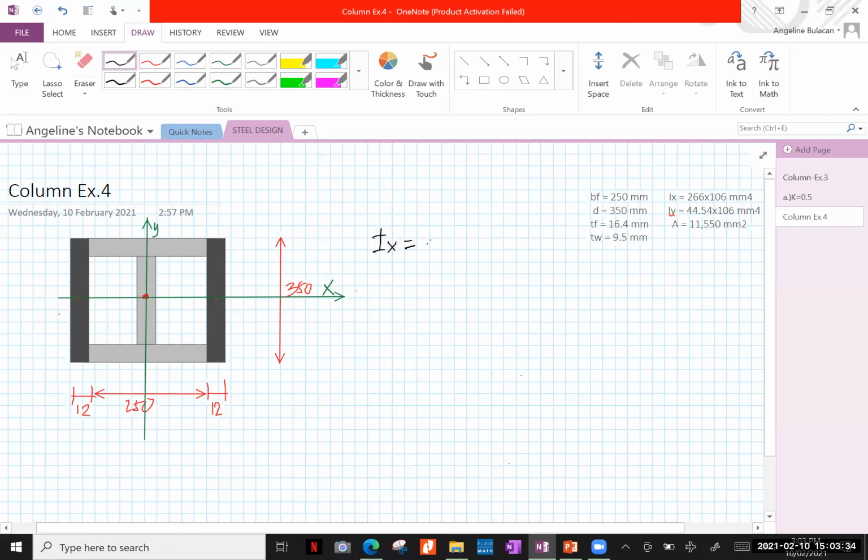IX is 266 times 10 raised to 6 plus the moment of inertia along the x-axis ng dalawang plate. So, ang base nila is 12. BH cubed over 12. Base is 12, height is 350, cubed over 12. Now, since dalawa yan, so times 2. So, you can get your IX.